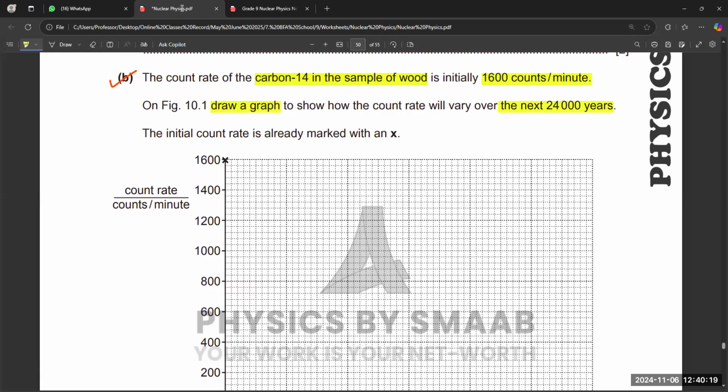The initial count rate is already marked with an X. We already practiced one type of question just like this. One value is already marked, almost at 1600, so we are assuming that we are going to start from 1600. And after every half-life, this is the half-life given.